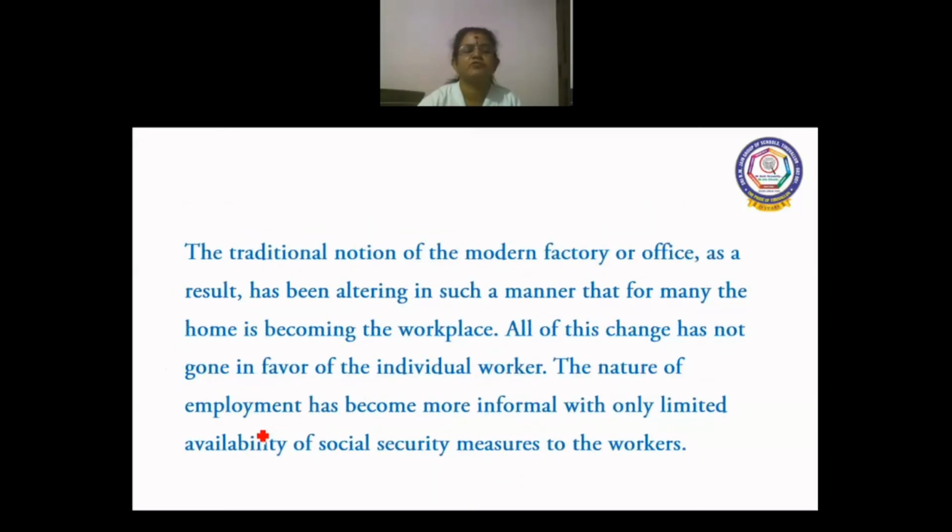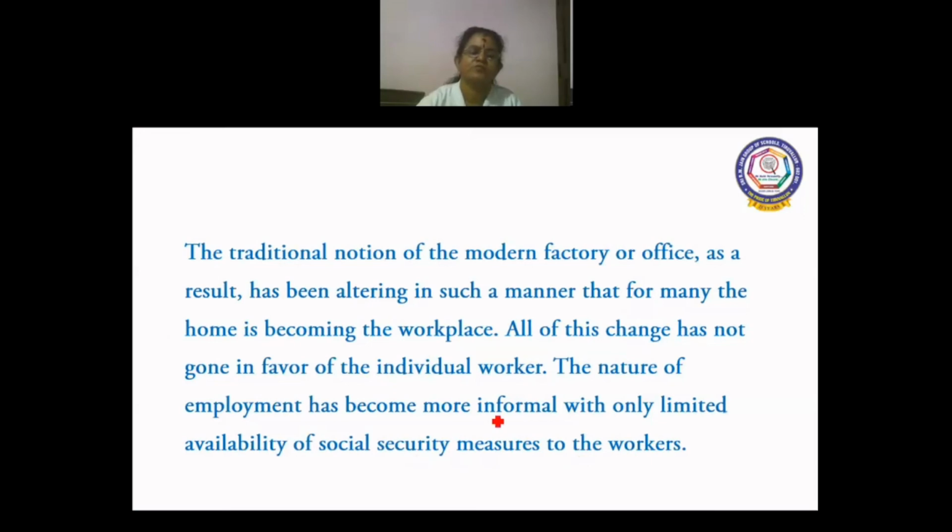The traditional notion of the modern factory or office has been altered in such a manner that for many the home is becoming the workplace. All of this change has not gone in favor of the individual worker. The nature of employment has become more informal, with only limited availability of social security measures to the workers.